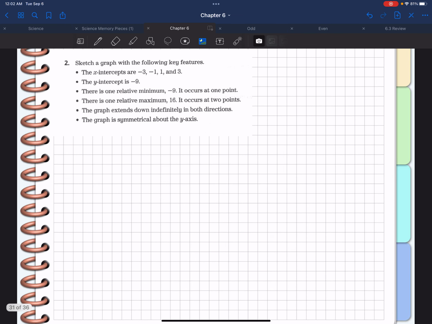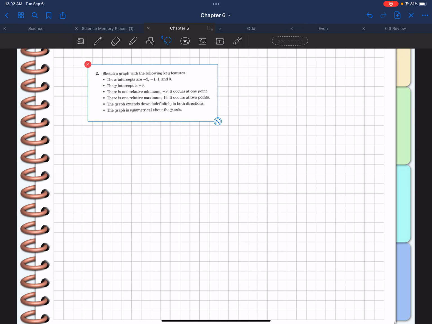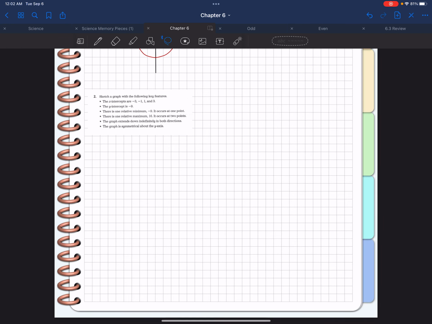So let me draw a coordinate plane. It gives a y-intercept of -9. The maximum is 16. Oh boy. So this graph's going to need to be pretty big. So I'm going to draw a pretty good size graph this time.